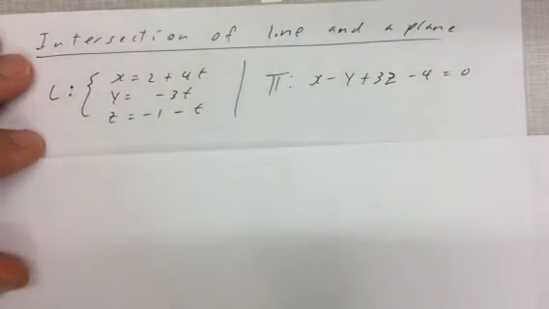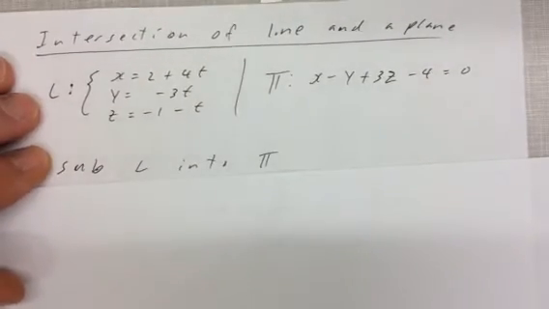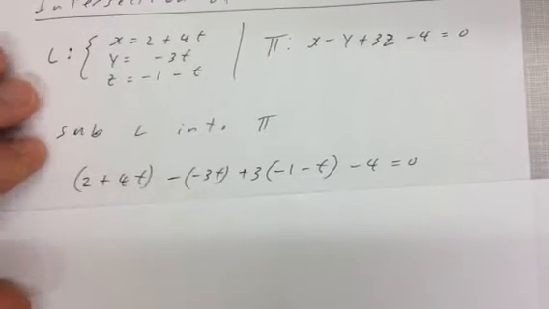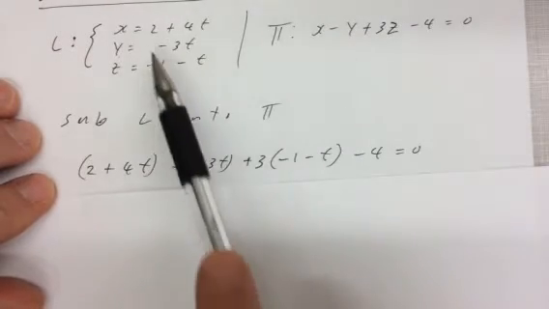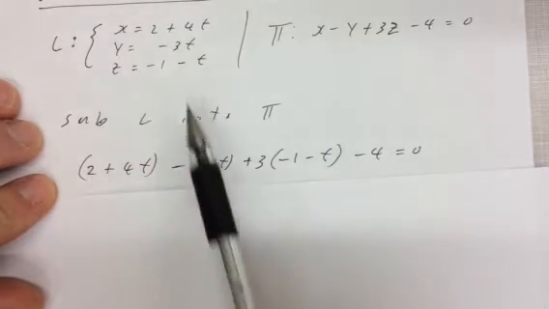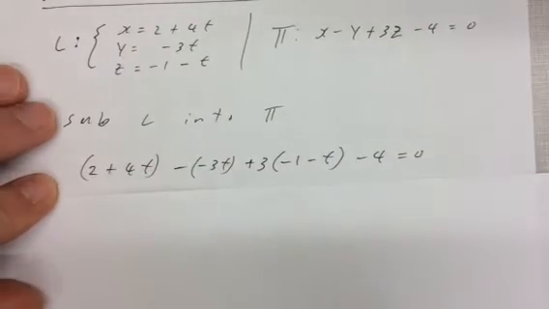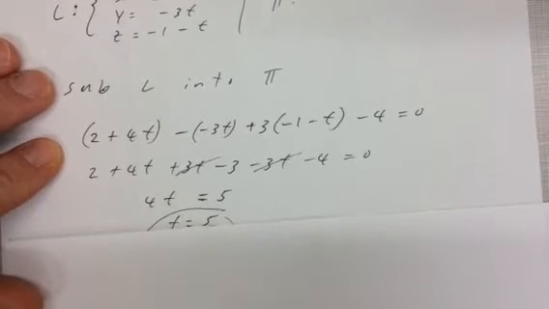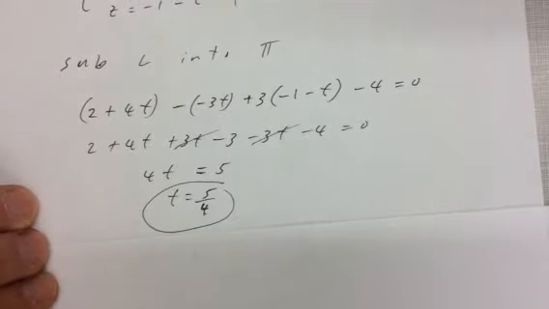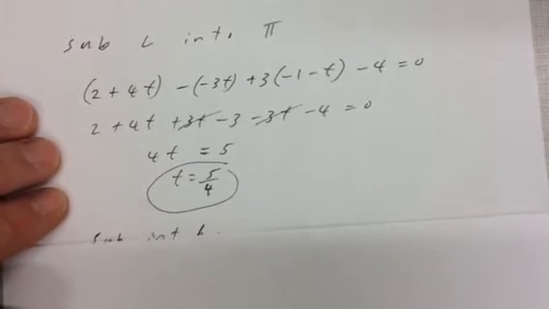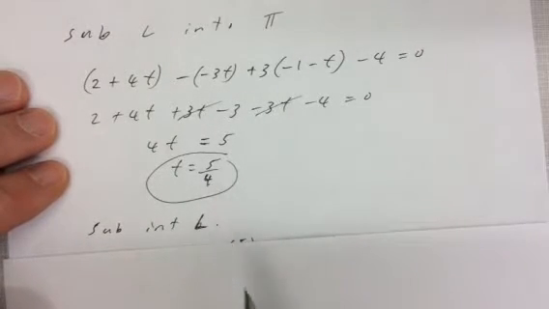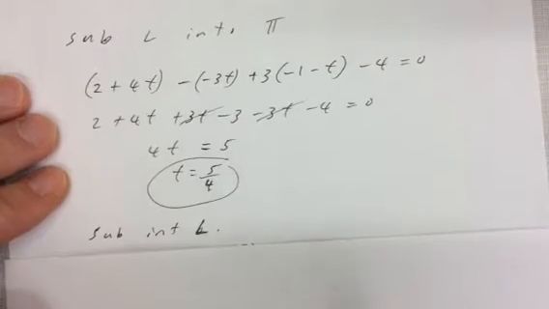Now if you've tried it, let's see if you got it right. Sub L into pi, so sub the line into the plane, just like we did before: the expression for x in for x, the y expression in for y, the z expression in for z. Then we evaluate and we get t equal to 5/4. Check your work on this. Then take 5/4 and sub it in for t in the equation of the line.